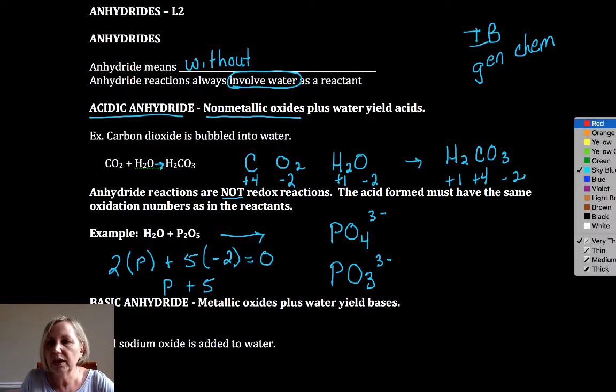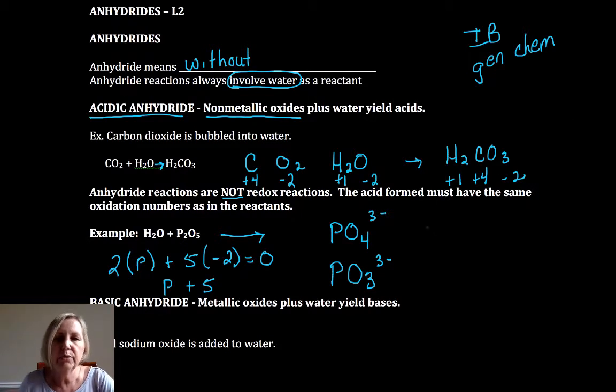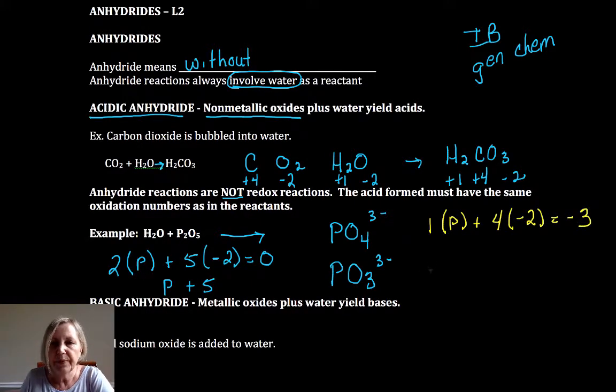So let's take a look at each of these and see which would give us that +5. So phosphate has 1 phosphorus. I have 4 oxygens at -2, and I have a leftover charge of -3. In phosphite, I have 1 phosphorus plus 3 oxygens at -2 is equal to -3.